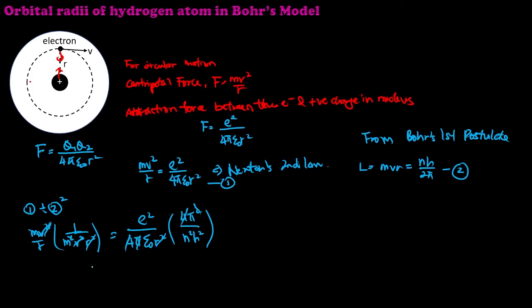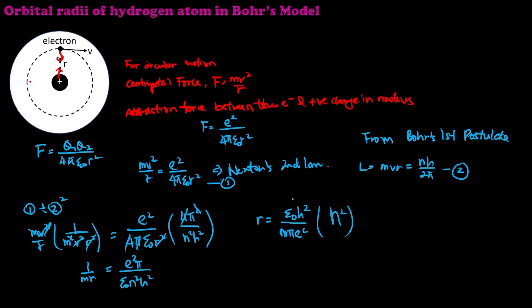And then here we have 1 over mr. Okay, and then here we have e squared pi over, so left epsilon naught and n squared h squared. So rearranging this in terms of r, you will get that r is equal to epsilon naught h squared per pi e squared times n squared.